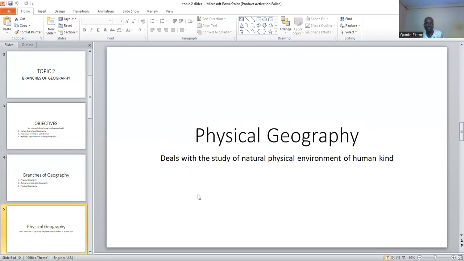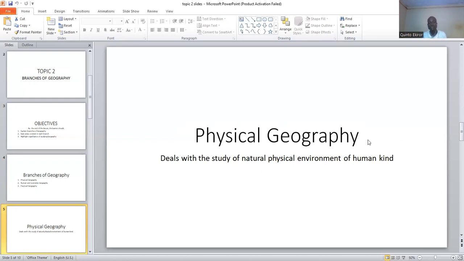What is physical geography? Physical geography deals with the study of natural physical environment of humankind. This is the point of emphasis. For example, before we reached this topic, we have already looked at the types of environment, which is physical and human.